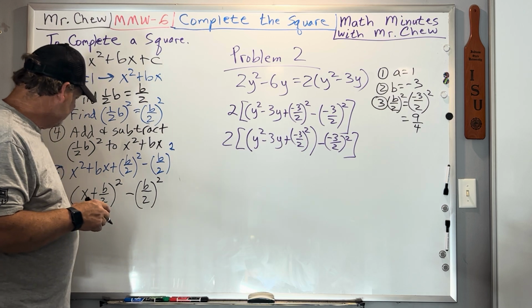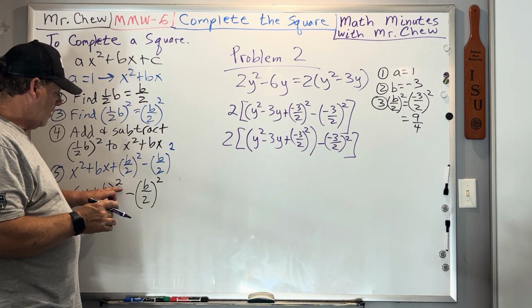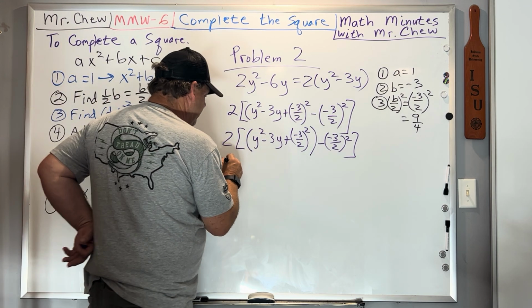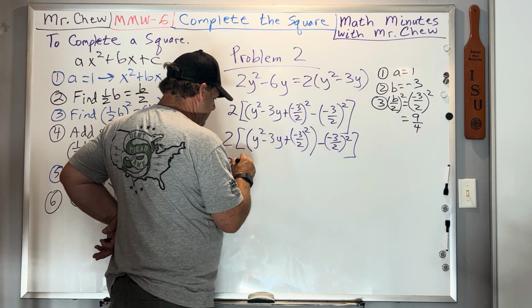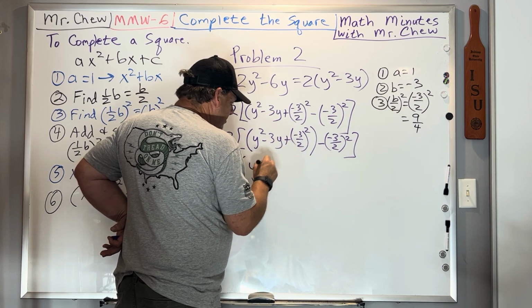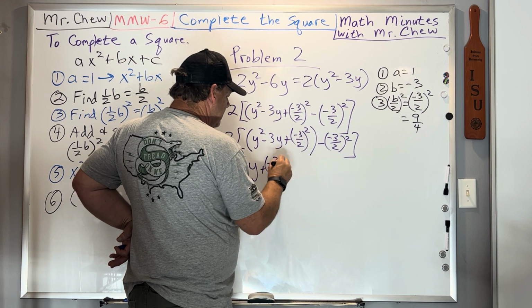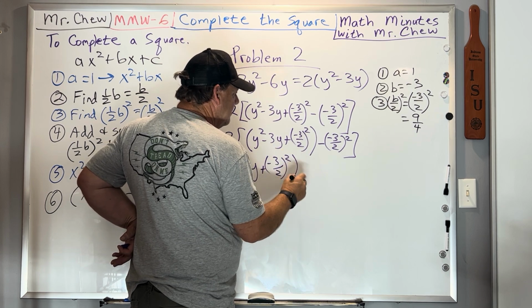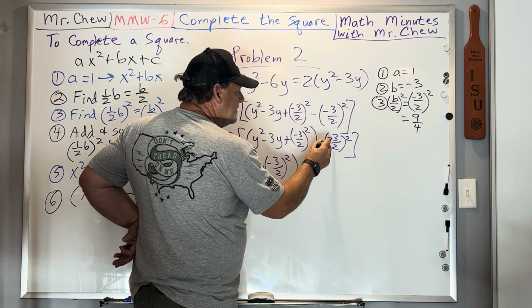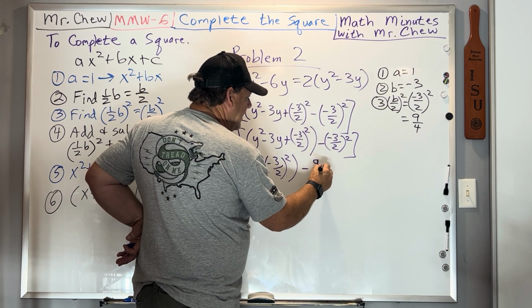So if you look, it says x plus whatever's in the parentheses here, quantity squared, minus that number, so it's 2 times my y plus -3/2 squared minus a -3/2 squared, so that's minus 9/4.